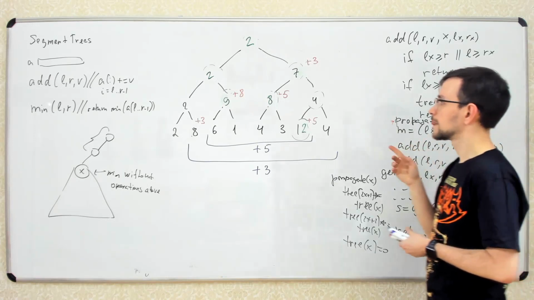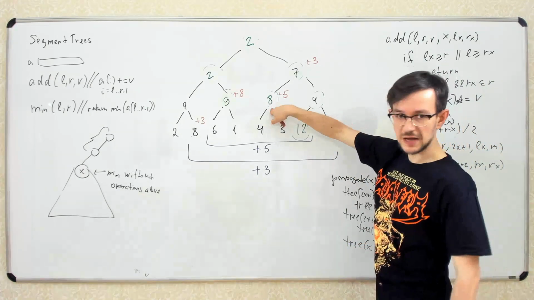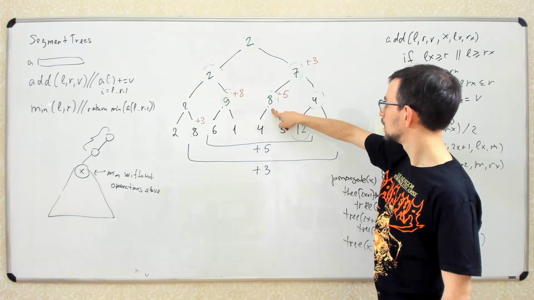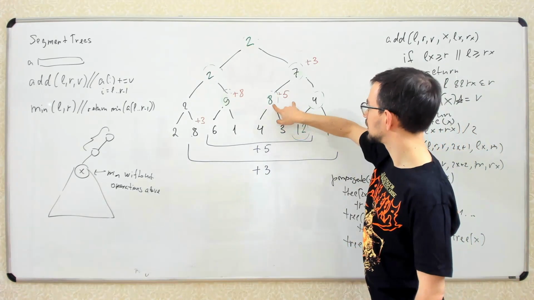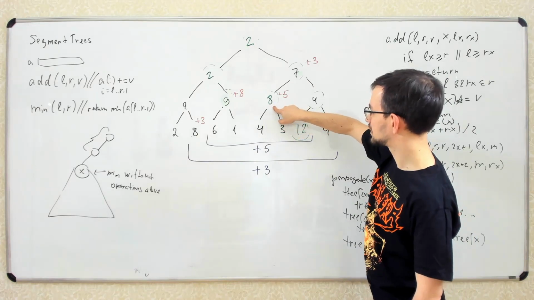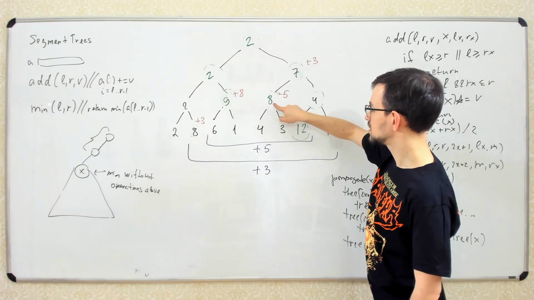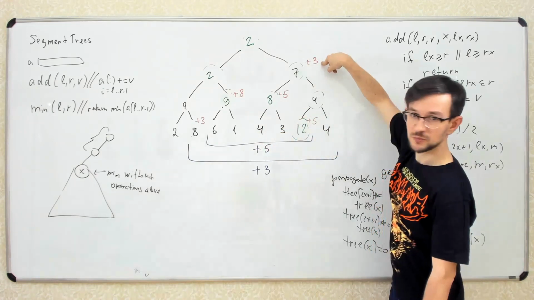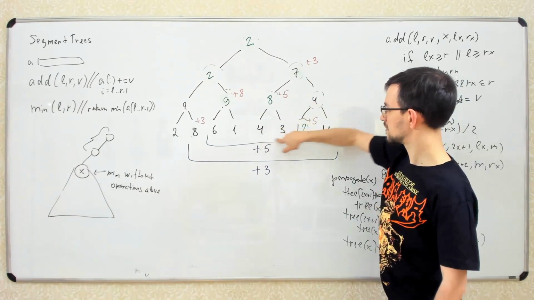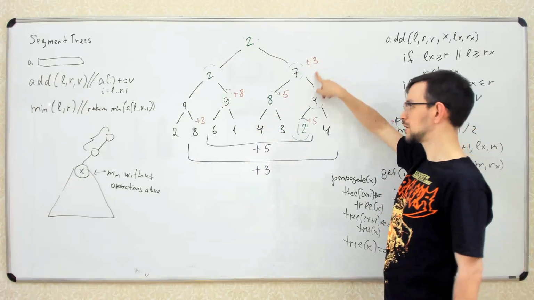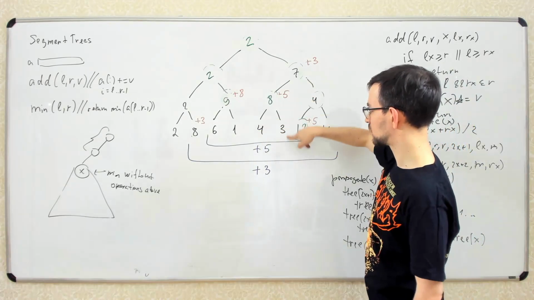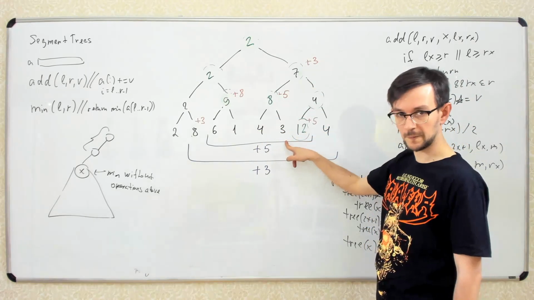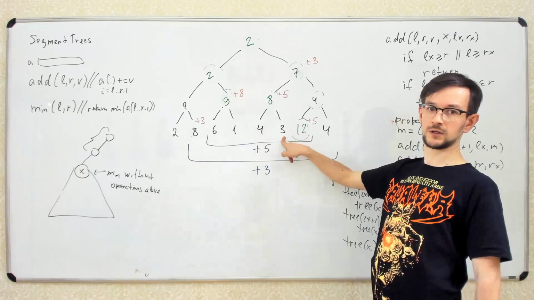Now let's see again. This minimum is 8, because it only uses this operation. So this minimum is the minimum on this segment without this operation plus 3. So the real minimum on this segment is actually 11, because to all its elements we need to add 5 and then add 3. So this element is actually 11.